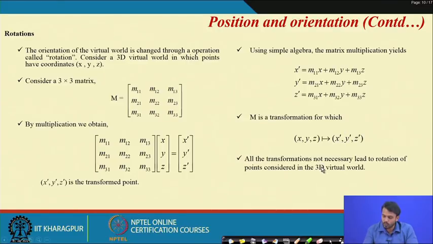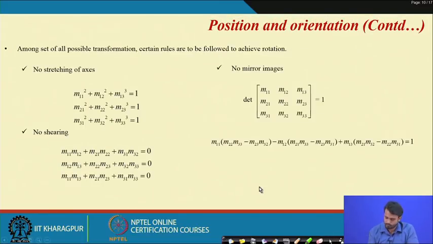Not every transformation necessarily leads to rotation of points in the 3D virtual world. So we have to consider certain properties that must be applied to the components so that rotation can be achieved. First is no stretching of the axis.